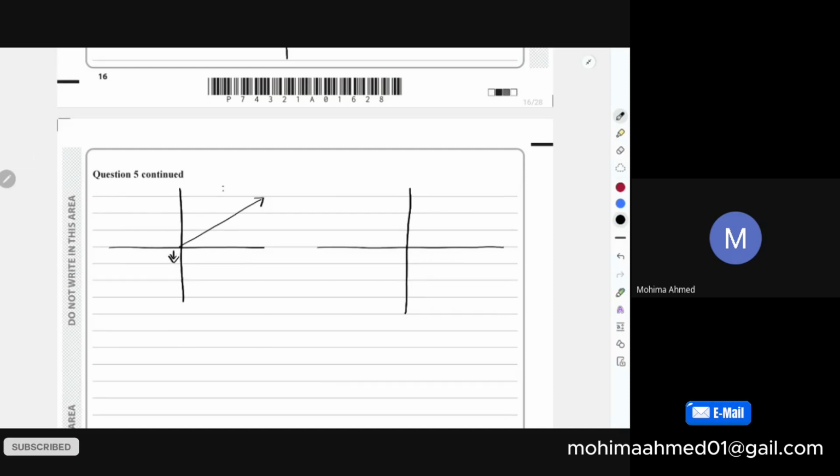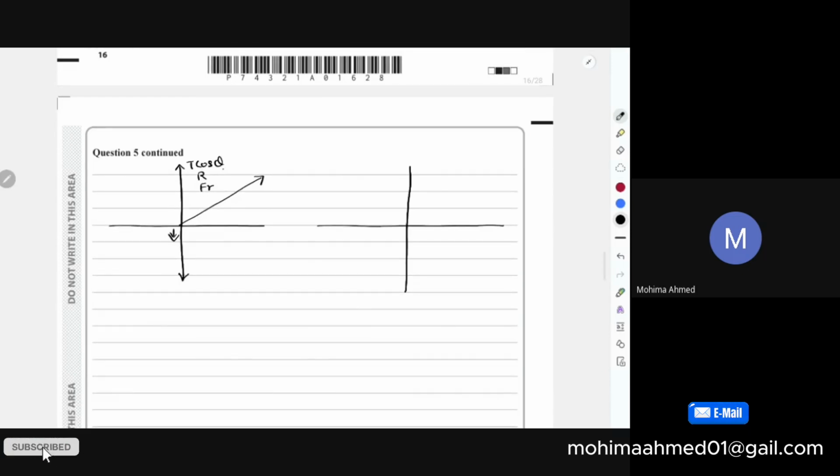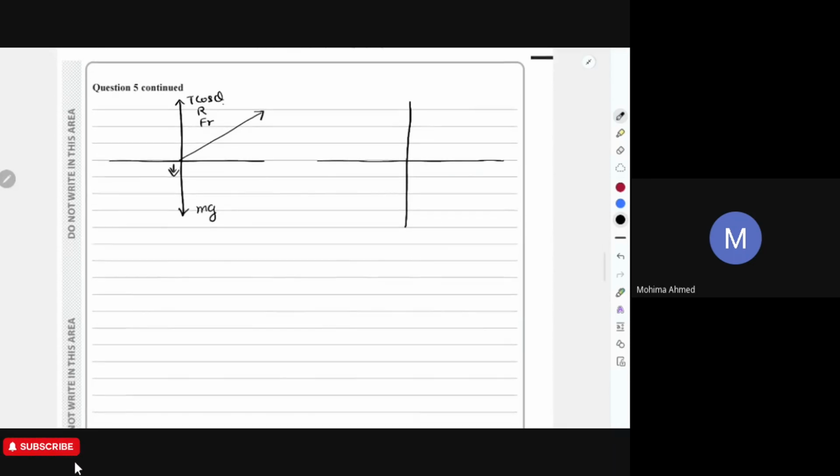If it is about to slide down the rod, then you have T cos theta, reaction force and friction, everyone in the vertical plane, and in the downward direction you have your mg, which was just 0.2 g. Using this basic idea, T cos theta plus reaction force plus friction eventually gives you mg.